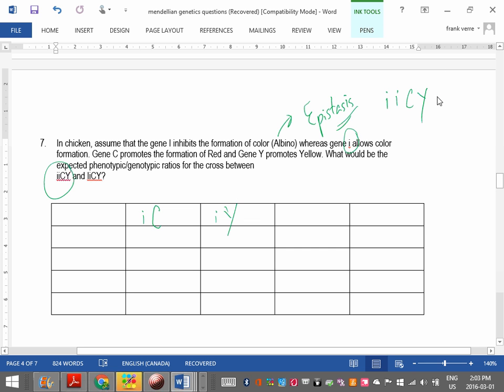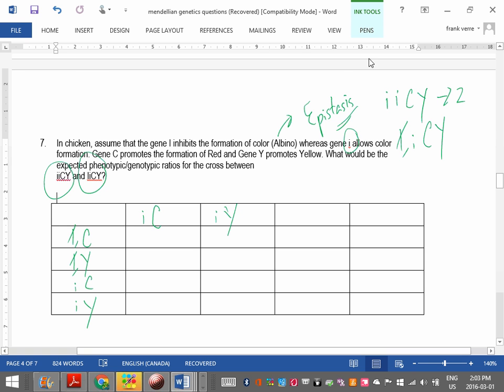No. There's only two here, right? This parent can produce how many possibilities? 4. It could be big I with big C, or big I with a Y, or a little i with a C, or a little i with a Y.